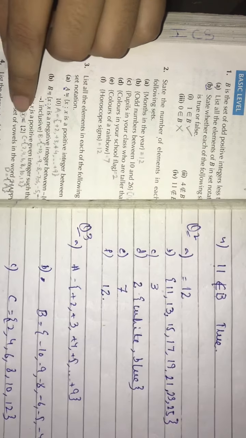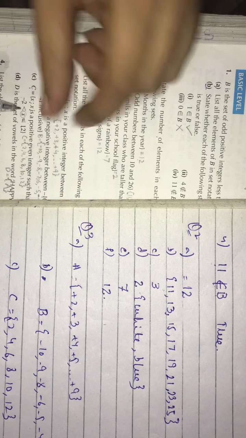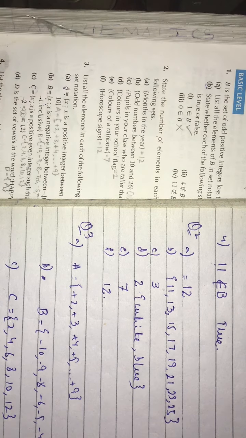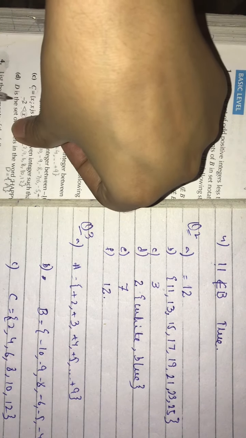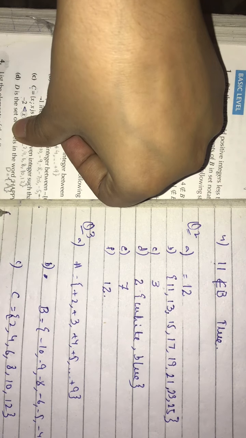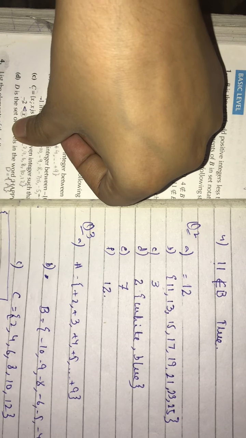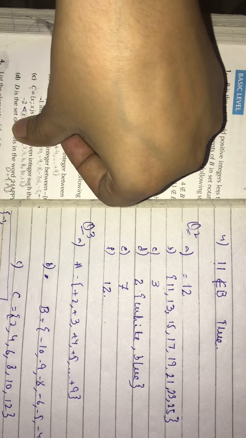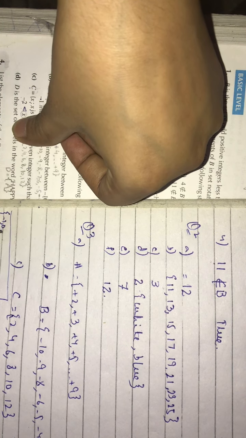Got it? And this is x, just look here: x greater than minus 2. The values of x greater than minus 2 are minus 1, 0, 1, 2, 3 and so on, and less than or equal to.